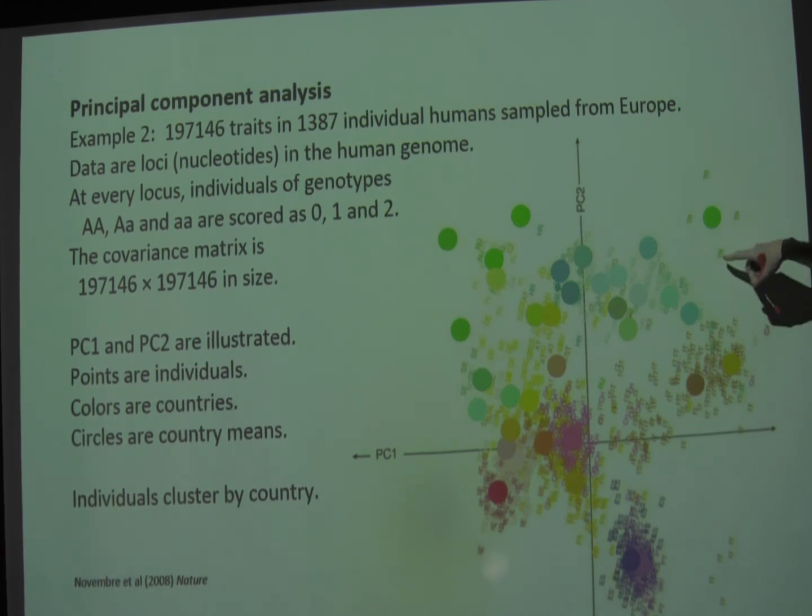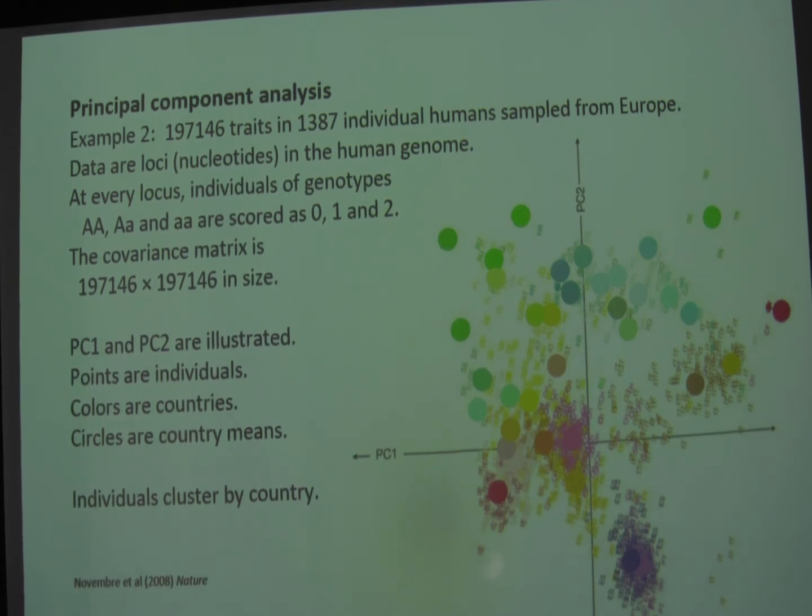So all the light greens are individuals that live in one country, the reds are another country, and so on. There are probably more than one shade of red here, so we'll start running out of shades of color.